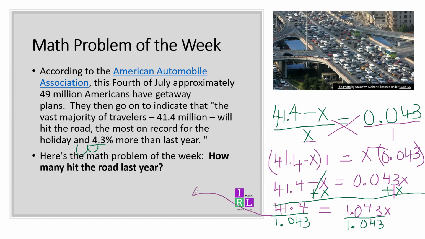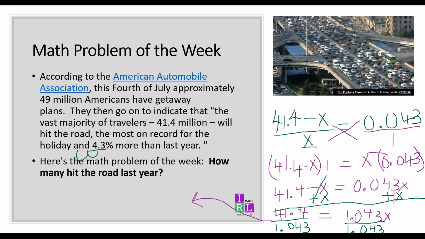We're going to go over here since we ran out of room. And what's going to happen is I'm going to divide 41.4. Well, I guess I could just leave it as 41.4, and then we just remember this is million, right? So if I did the 41.4 and I divide it by 1.043, I would get 39.